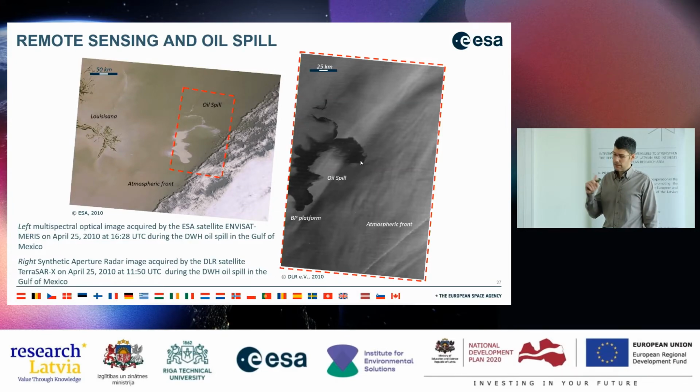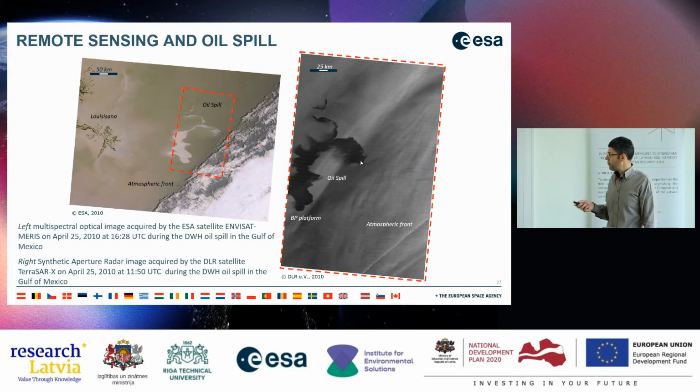And actually the SAR satellite image on the right-hand side was acquired before the optical image. Of course you see in the optical image clouds in the right bottom corner of the picture. Luckily, they were not covering the oil spill area, which here, for example, gives you this light gray color.